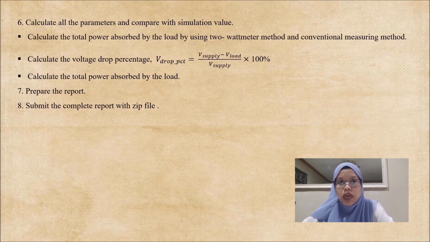After all, I prepared the project report as evidence of my project. Once finished, I submitted the report with the zip file that I attached with the circuit simulation that I have done.